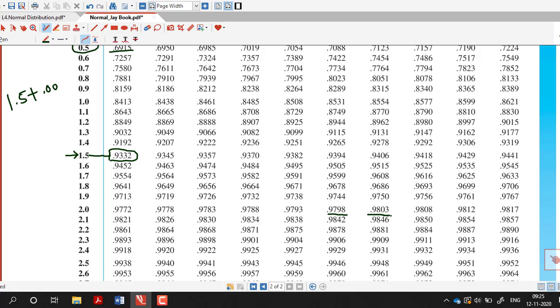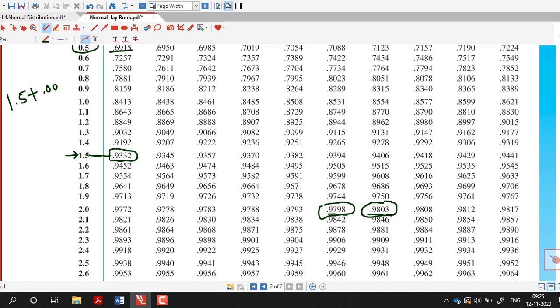So you can see I find two values, 0.9798 and 0.9803. Both values are near to 0.98, but if we want the value closest to 0.98, then you can see this value is closest as compared to this one.